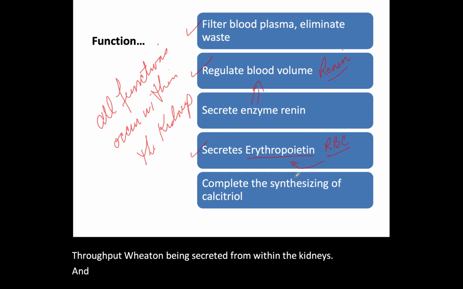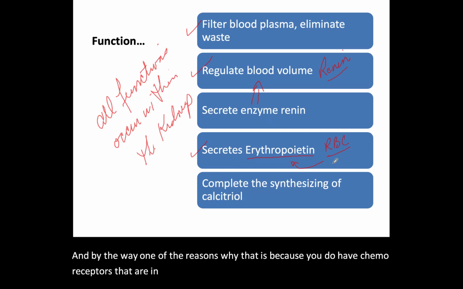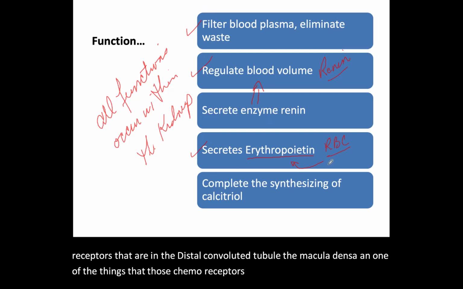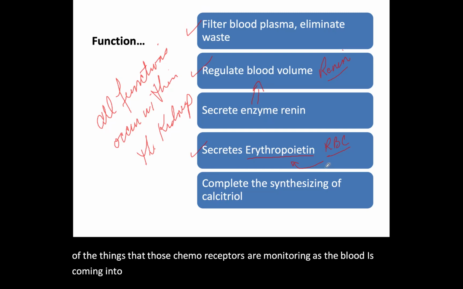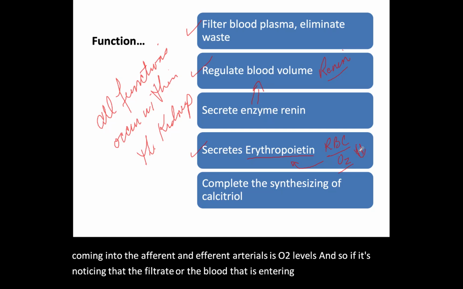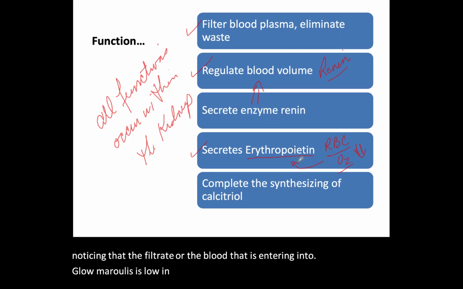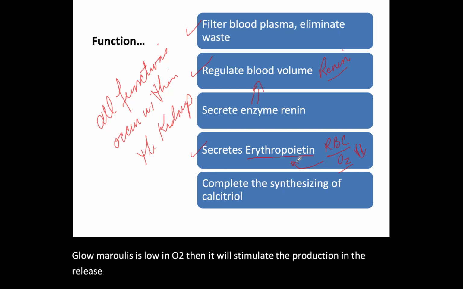One of the reasons for that is that you have chemoreceptors in the distal convoluted tubule, the macula densa. One of the things those chemoreceptors are monitoring, as the blood is coming into the afferent and efferent arterioles, is O2 levels. If it notices that the blood entering the glomerulus is low in O2, it will stimulate the production and release of erythropoietin.